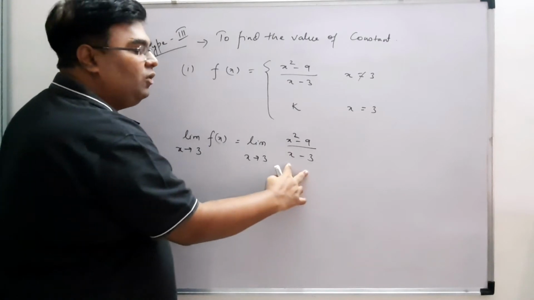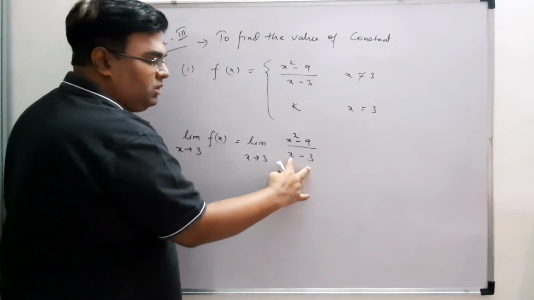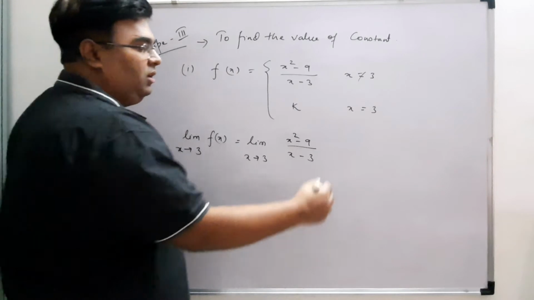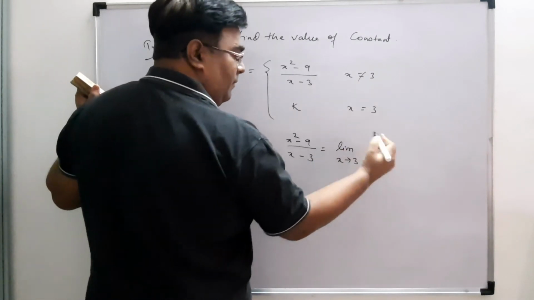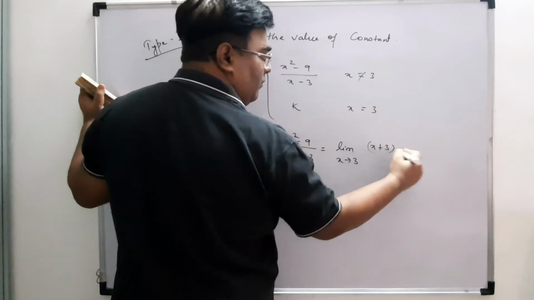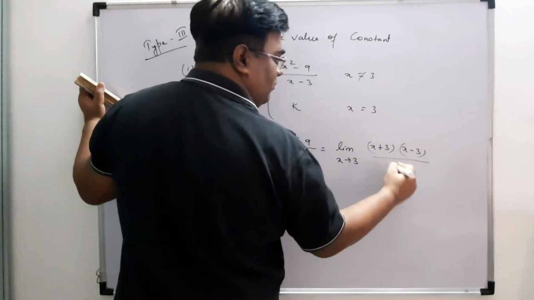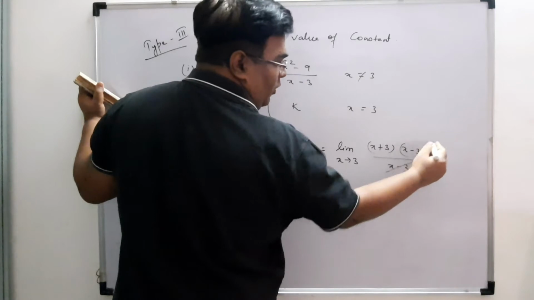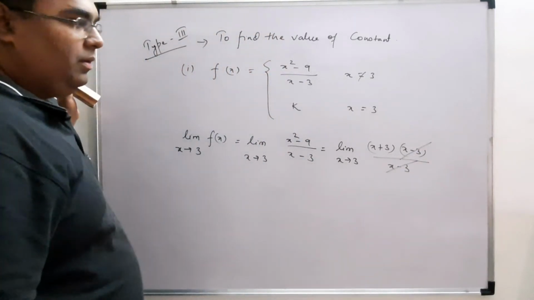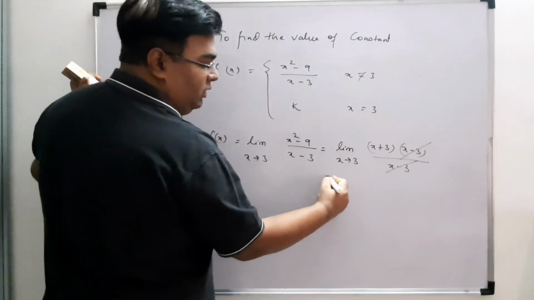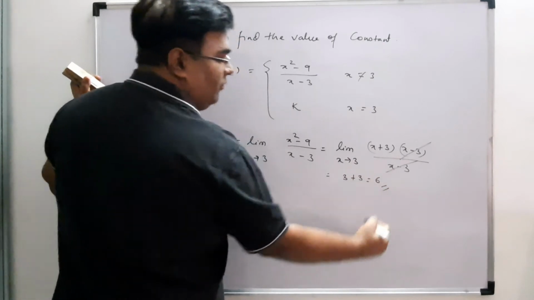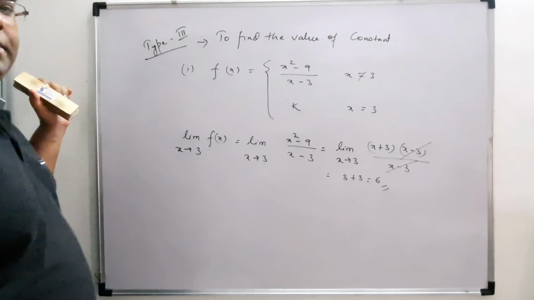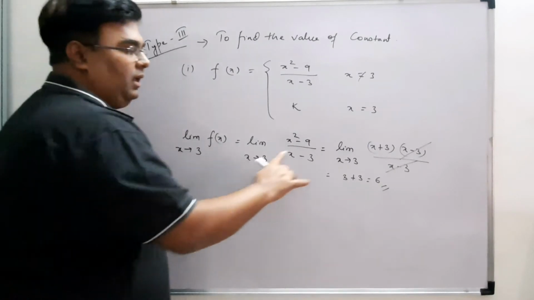You will not get the value of this function because in the denominator we have x minus 3. So what we need to do? We need to first remove this factor. Now you can put the value of x is equal to 3. So you will get 3 plus 3 is 6.